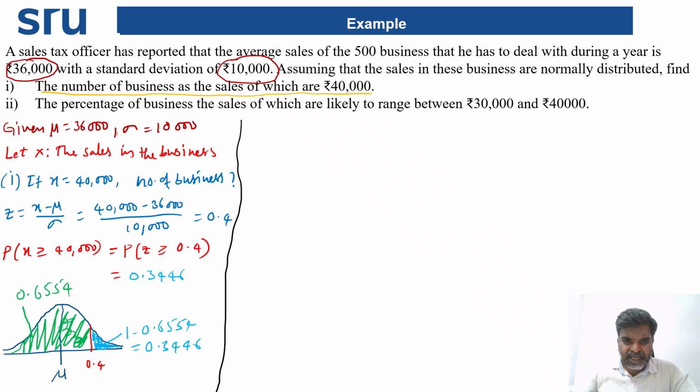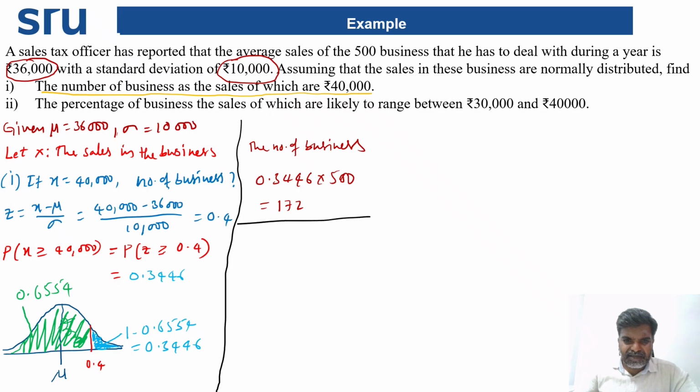So we can write down here, in this first case, the number of businesses for this sales is 0.3446 into 500. So what is the product here? The approximate value is 172. Okay. From 172 businesses, he can obtain 40,000 amount.